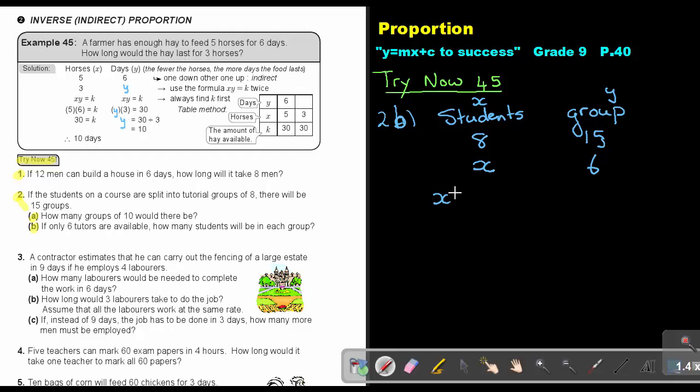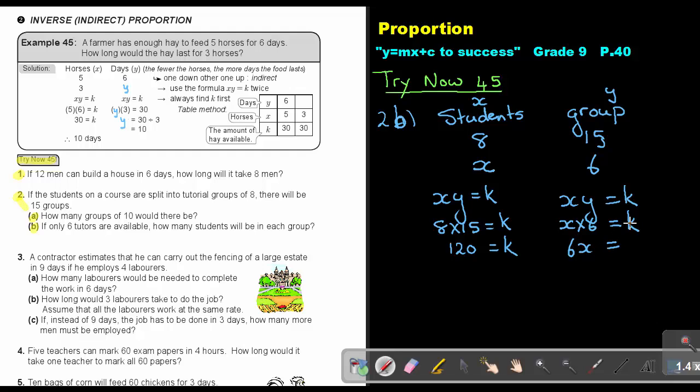So I use the formula XY equals K again. I'm just going to say 8 times 15. It's going to be the same as the previous one. It's just giving you the amount of students, and that is 120. Then I use this formula again. And now in the place of X, I put just an X. And then I put there a 6, and it's K. And then it's 6X equals, oh, I forgot to substitute K. K is 120.